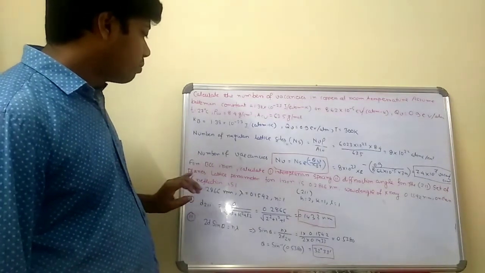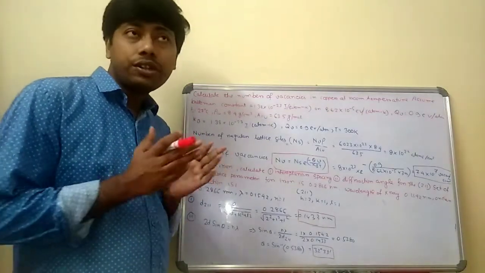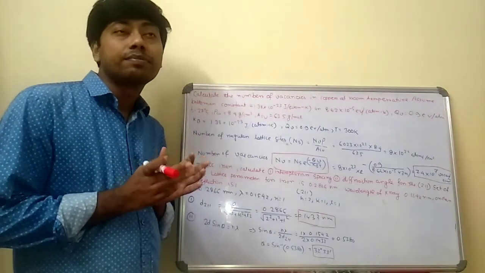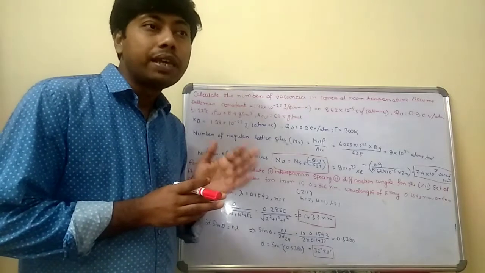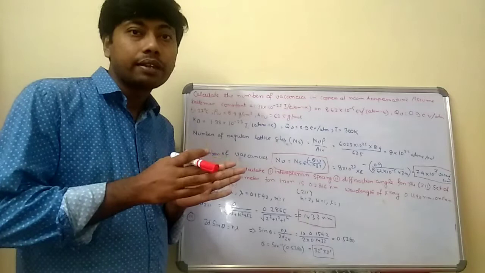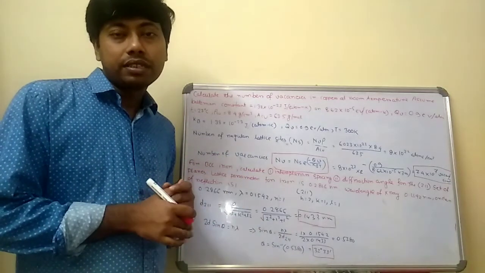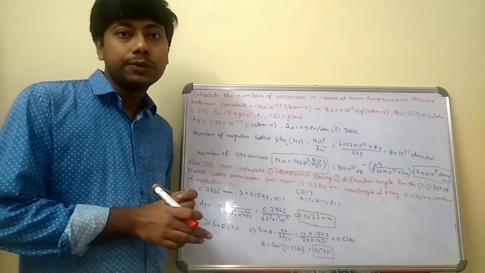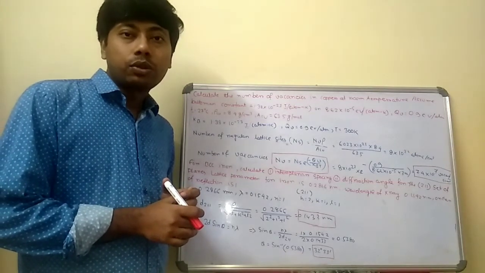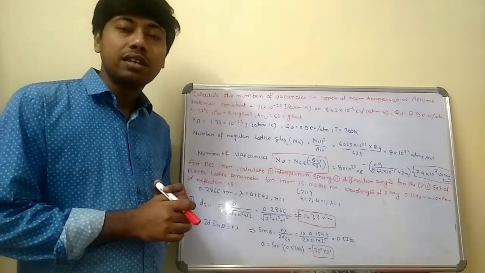Now let's take another numerical on the interplanar spacing. Already discussed, the interplanar spacing means the distance between the plane and the origin of the cube. The interplanar distance d is equal to a divided by under root of h square plus k square plus l square.